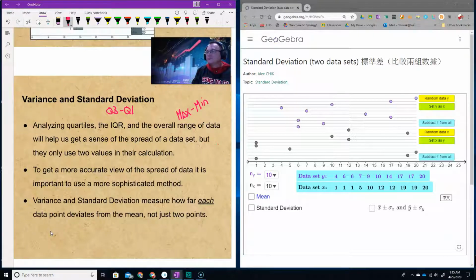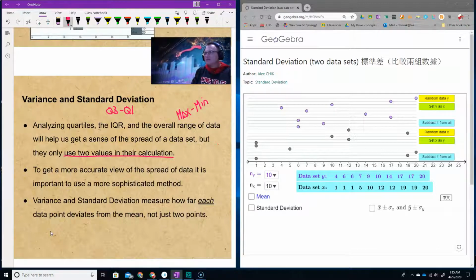So those two measurements of spread only use two values. A more accurate view of the spread, or the dispersion, or how the data is clustered, is done using what's called the variance and the standard deviation.